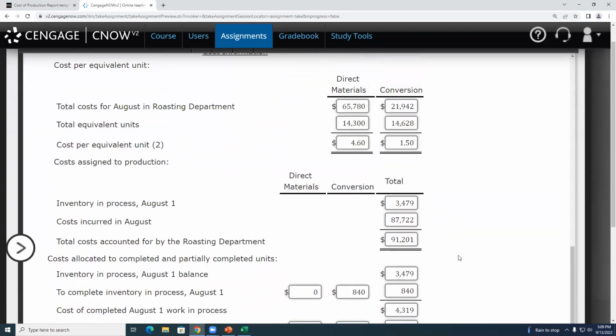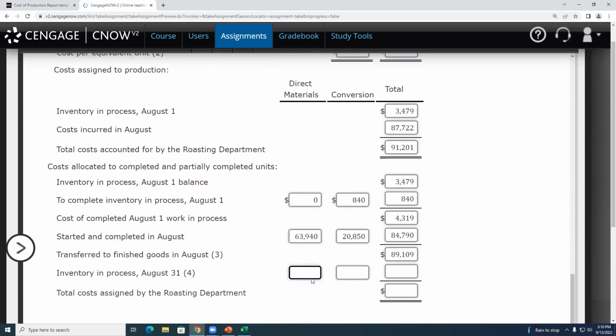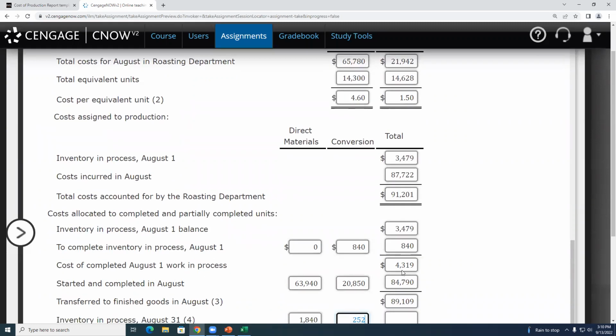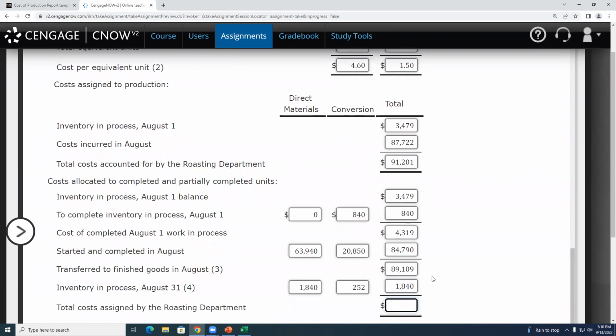And then we can do the last step, inventory in process at the end of the month. It was 400 units. We had all the direct materials and 168 units of conversion costs. Multiply the units from step 2 times the cost per unit from step 3. Add across. Then add down. And that number, why does it not match?